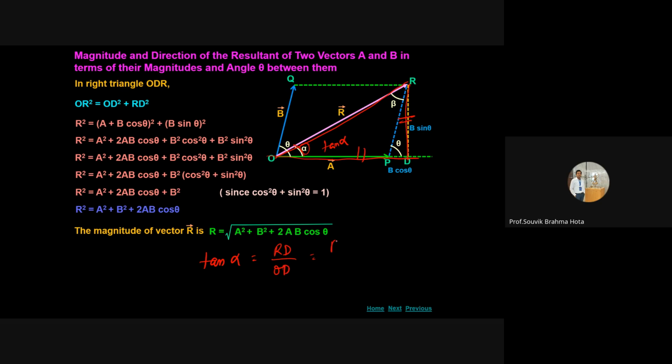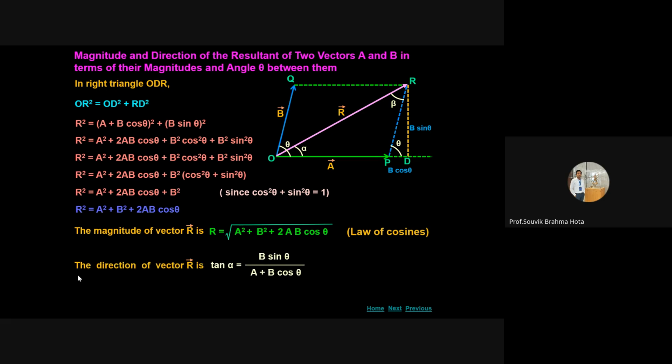RD is B sin theta, and OD is OP plus PD. So that is B sin theta in the numerator, and in the denominator OP is A and PD is B cos theta. This is how you will get tan alpha. So alpha is equal to tan inverse of that thing. We know the concept.